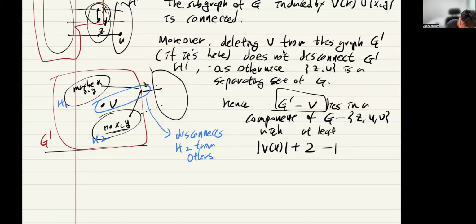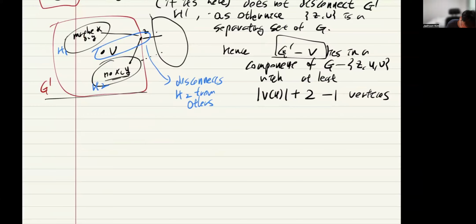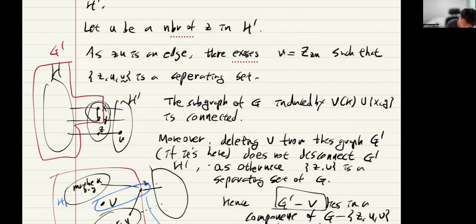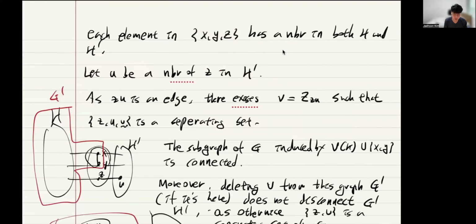So at least it has many vertices, which is more than the number of vertices in H. But what was the definition of H? H was the one that we chose with X, Y so that once we delete these 3 vertices, this is the largest possible component.